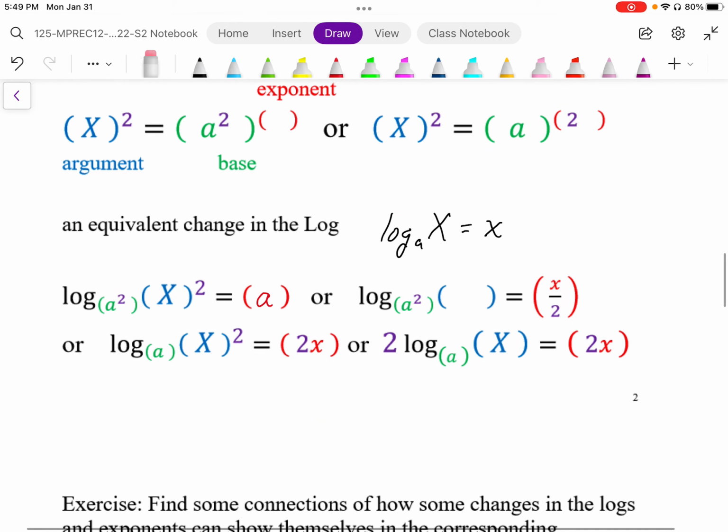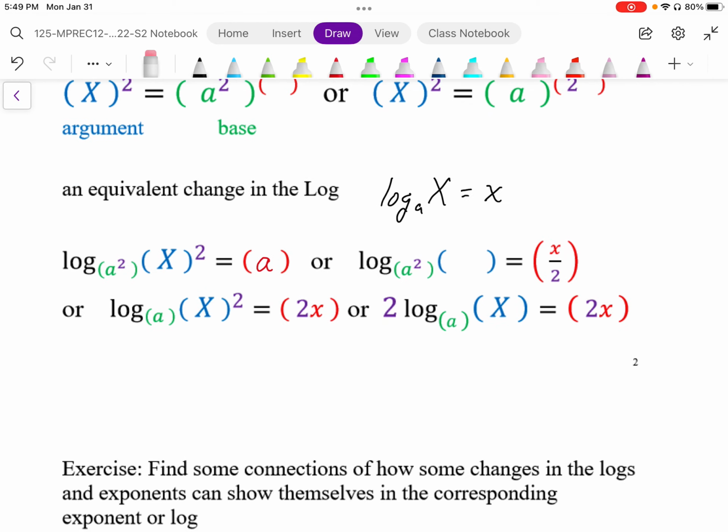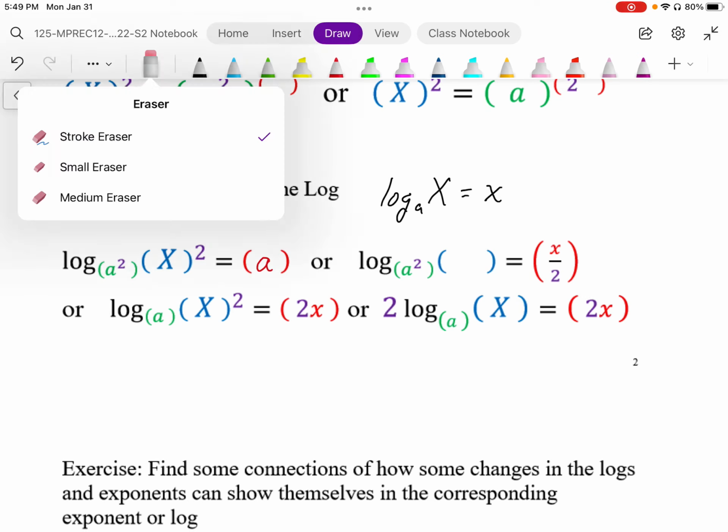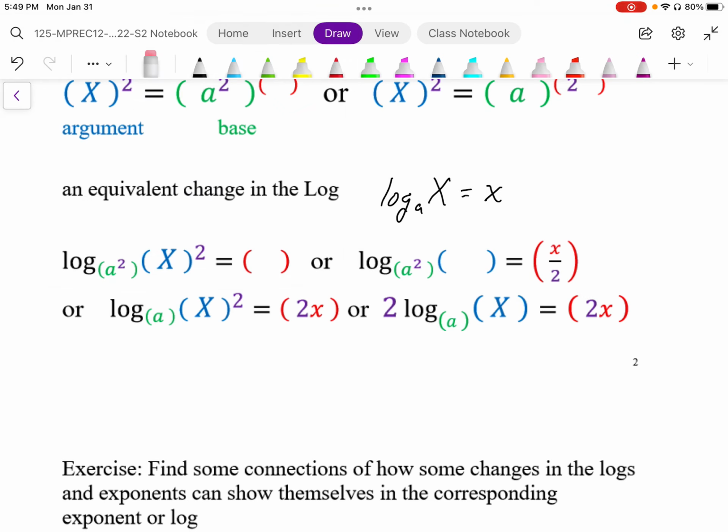So this can then be generalized. We can express that exponent on the base and the argument, and it doesn't change the value of the x on the other side. Okay, sorry, in this case it's not A, but it would have been the x on this side. That's my original exponent.